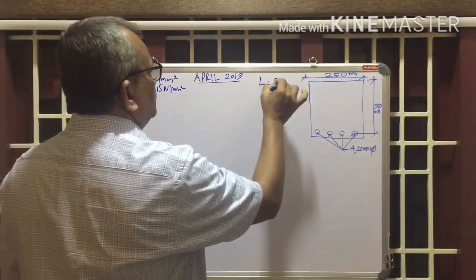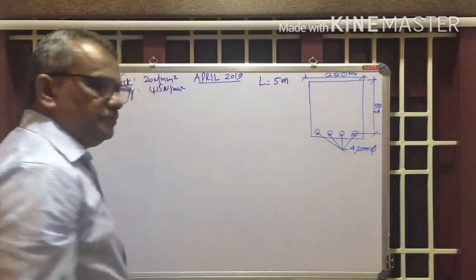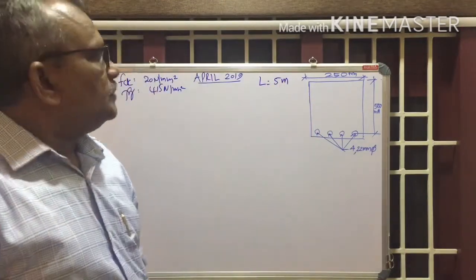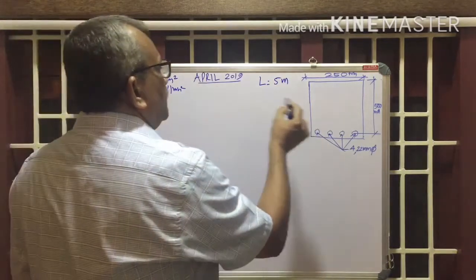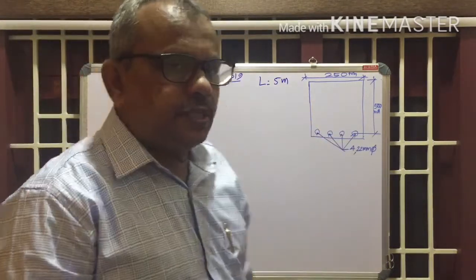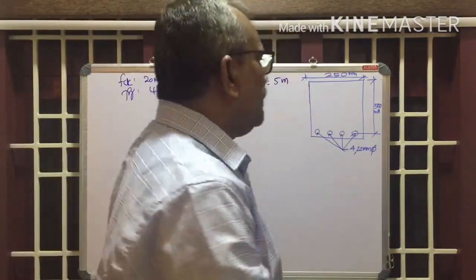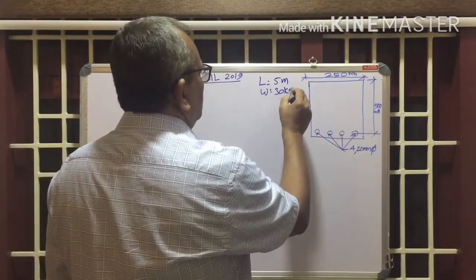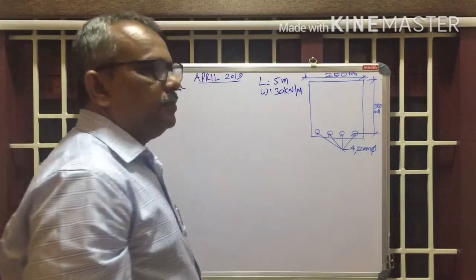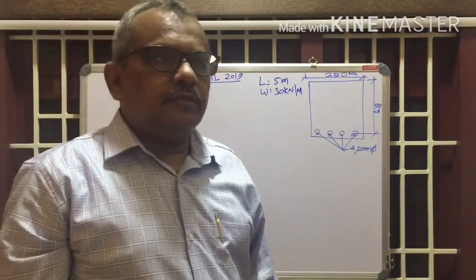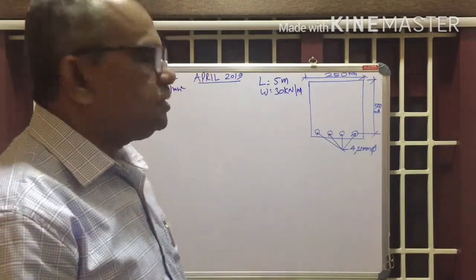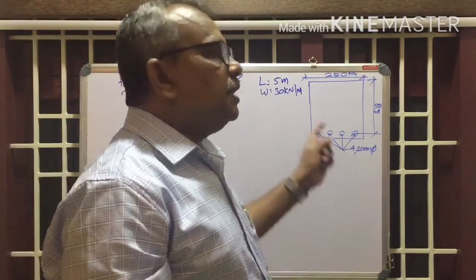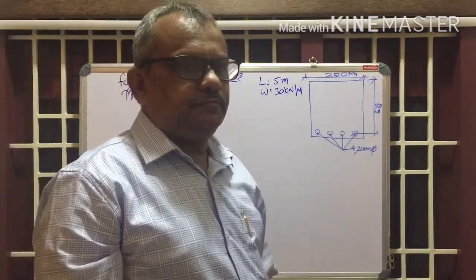The span of the beam is given as 5 meter. It carries a load, including the self weight of the beam, of 30 kilonewton per meter, W equals 30 kilonewton per meter. These are the data given in the question to design the beam for shear.